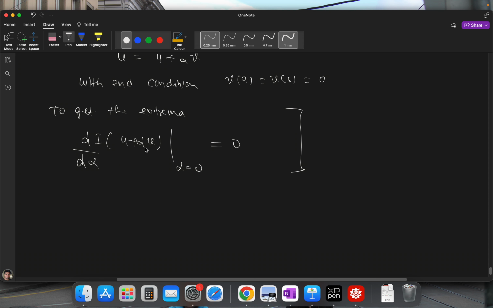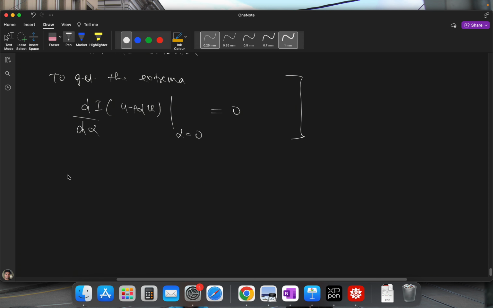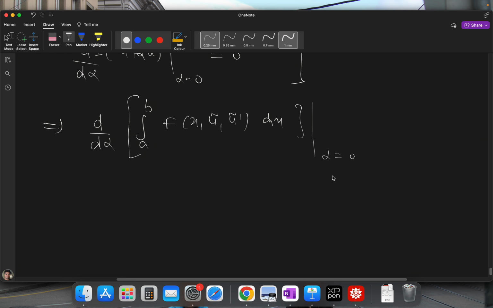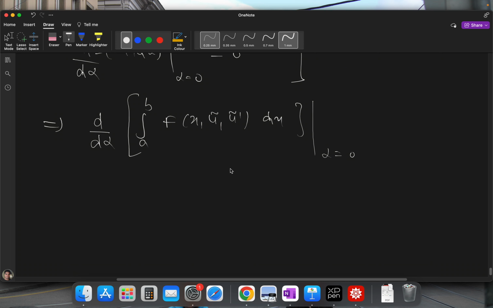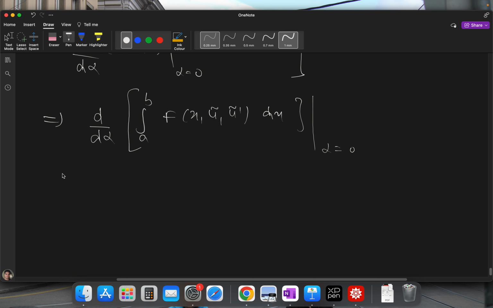Suppose I am solving it. d by d alpha of the integral from a to b of f of x, u tilde, u tilde dash dx, and finally we will substitute alpha equal to 0.